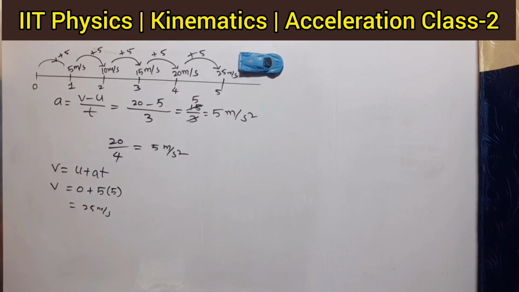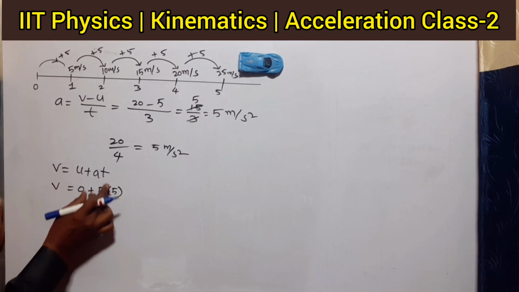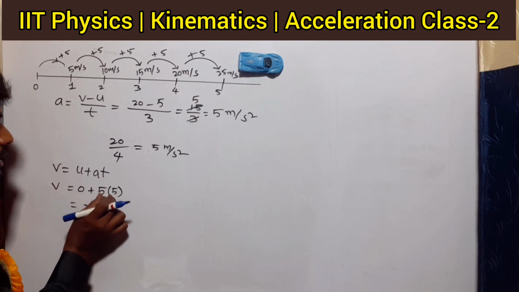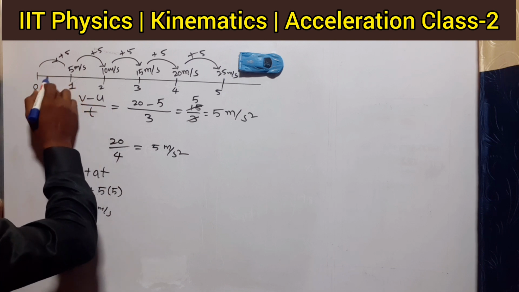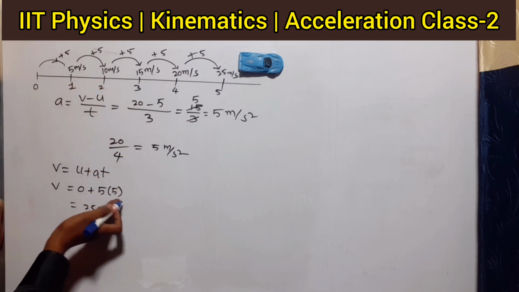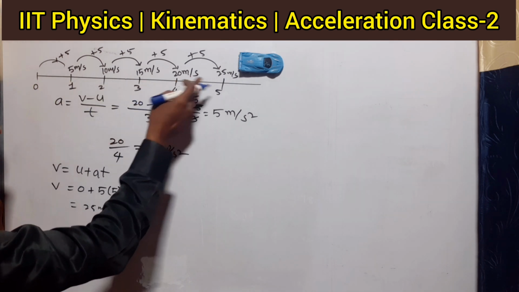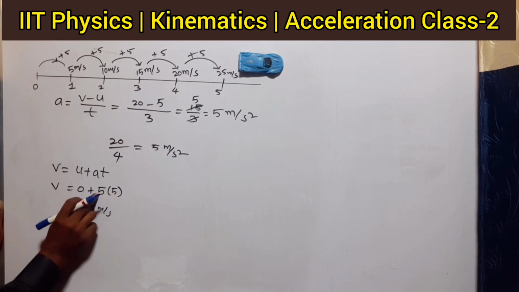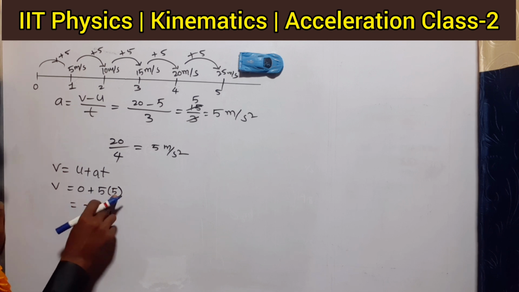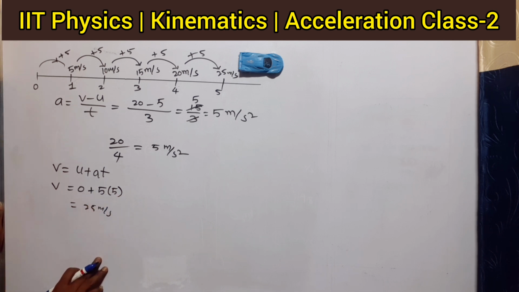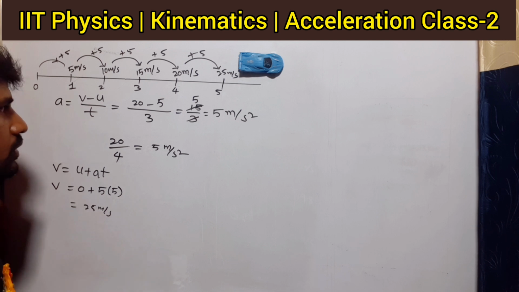Initial velocity 0 means we directly multiply acceleration with time, isn't it? Repeated addition is nothing but multiplication. 5 plus 5 is 10, plus 5 is 15, plus 5 is 20, plus 5 is 25. So we added 5 times, that's why 5 fives are 25. I hope you understood.